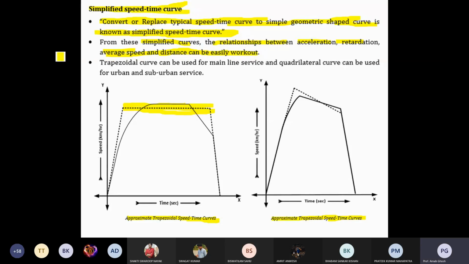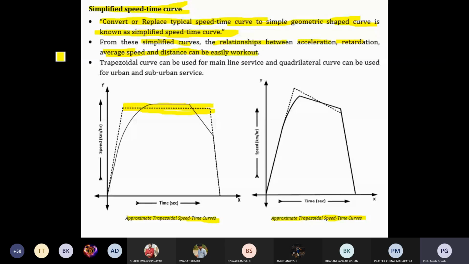Okay, so the trapezoidal curve can be used for mainline service. For mainline service you can consider a trapezoidal shape. That coasting effect is there, then free running effect is there, then coasting effect is there. That's why for mainline calculations you can consider a trapezoidal shape. And the quadrilateral curve you can see for urban and suburban.